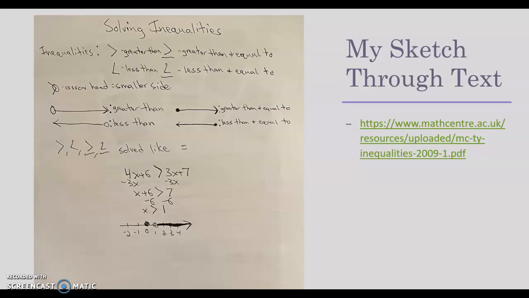And then I went through a step-by-step solution on how to solve an inequality, and then showed a graph of that inequality. So that's all I really had for my sketch through text.